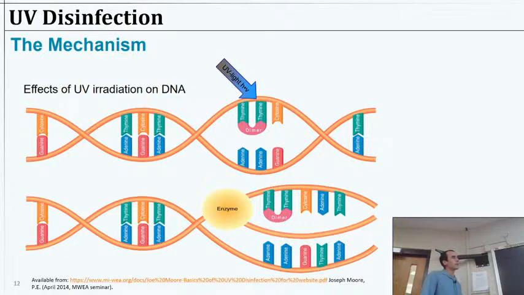Okay, so I mentioned DNA damage, dimerization stuff. Well, what's actually happening? I think the best way to look at it is if we imagine DNA as a kind of zipper mechanism, where you have all this data stored, and you have to unzip it to make copies to transmit that data, and then it'll close back up.